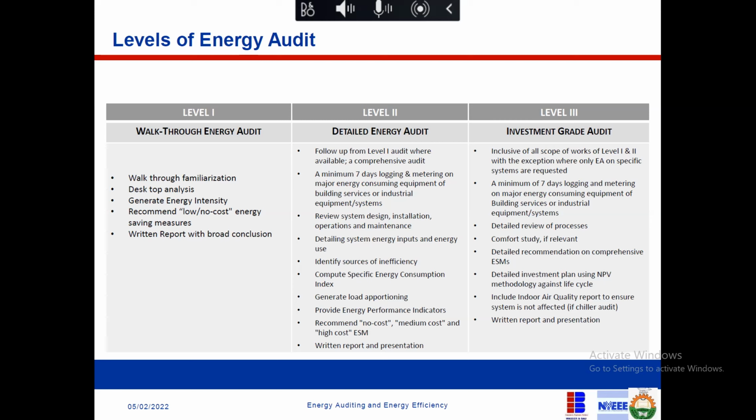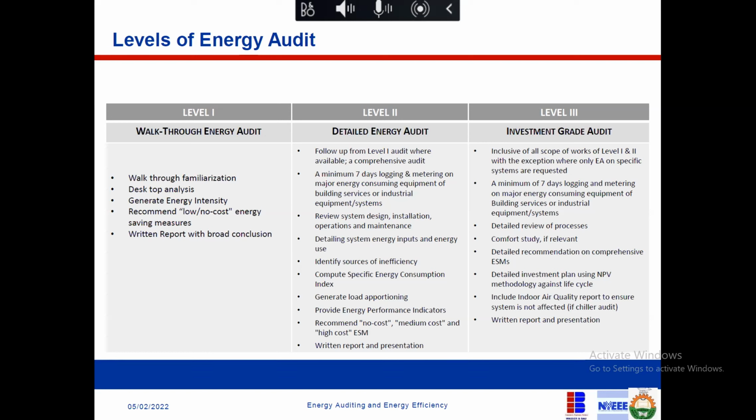But level 1 is what I was about to explain before this question came in. You do level 1 because maybe you're not being paid. When I did a level 1 audit, I did it because I wanted to attract business; at the end of my level 1 audit, I made a recommendation for level 2.